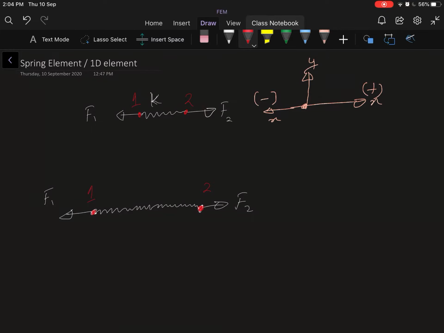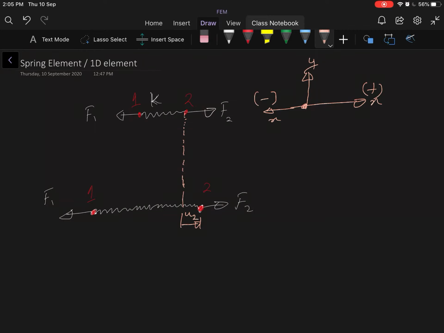So see here, in comparison to the original point, this point 2 has moved in the right hand direction by value u2.